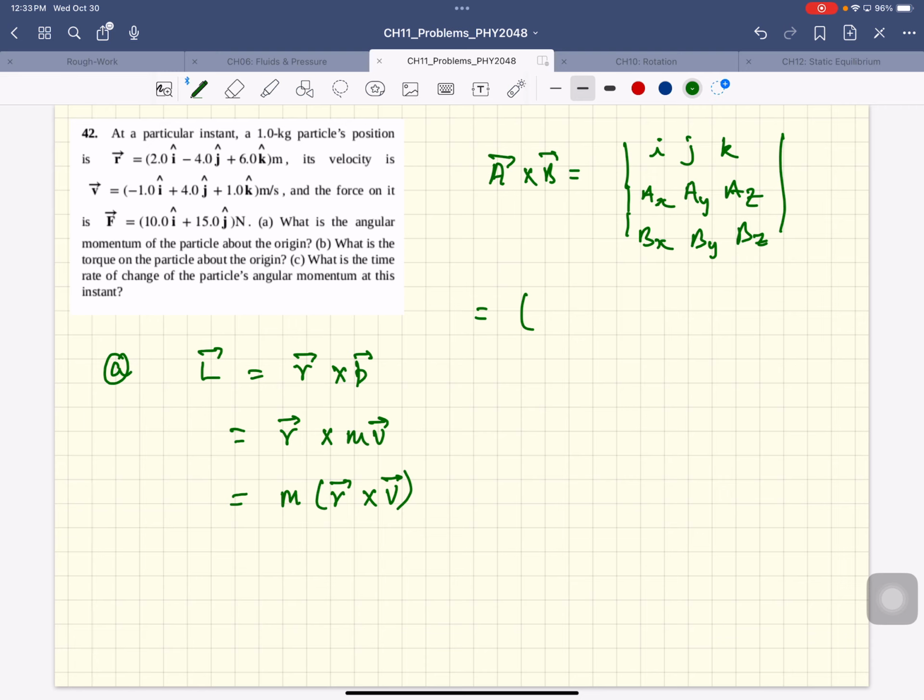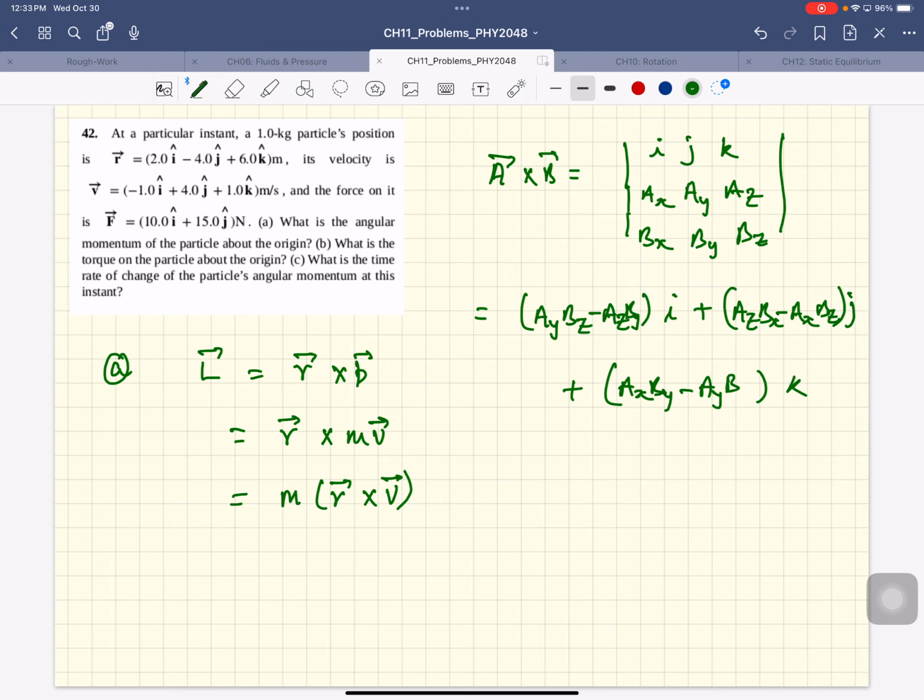Here's the expanded form: i(Ay Bz minus Az By) plus j(Az Bx minus Ax Bz) plus k(Ax By minus Ay Bx). That's the cross product. That's the definition, and we're going to use this to find the angular momentum.